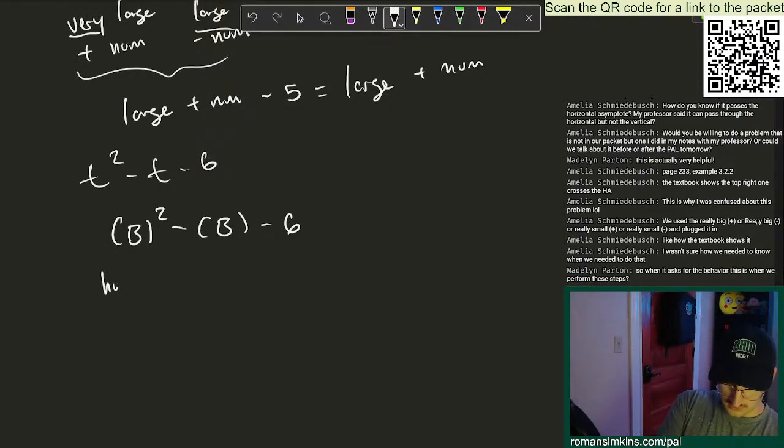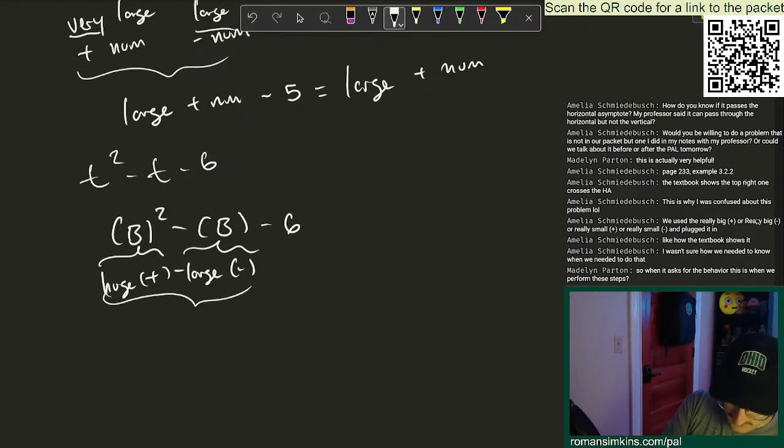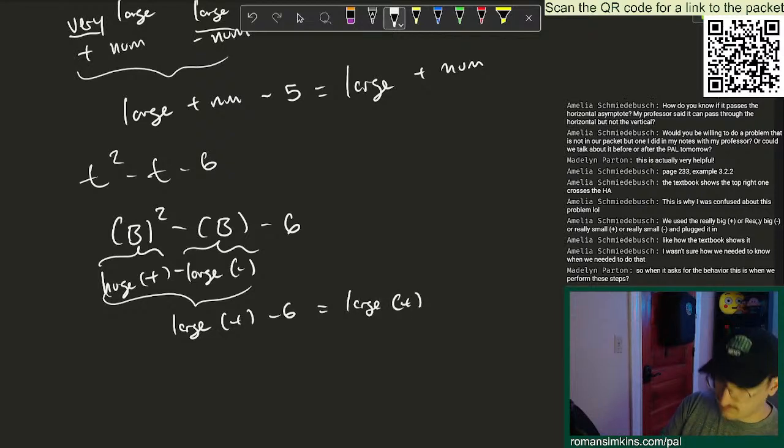We're subtracting off a billion, but a billion squared is so inconceivably big that subtracting a billion doesn't really matter. So when I subtract these, we still get a large positive. Minus 6 is still a large positive.